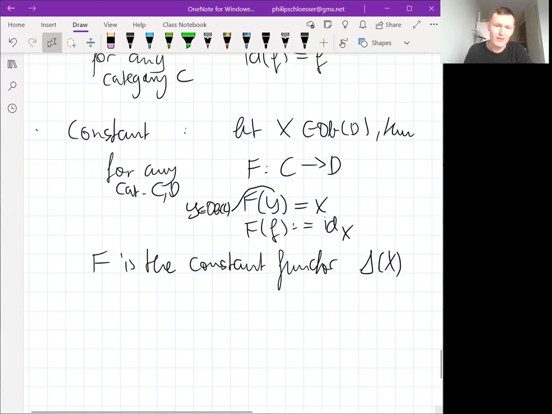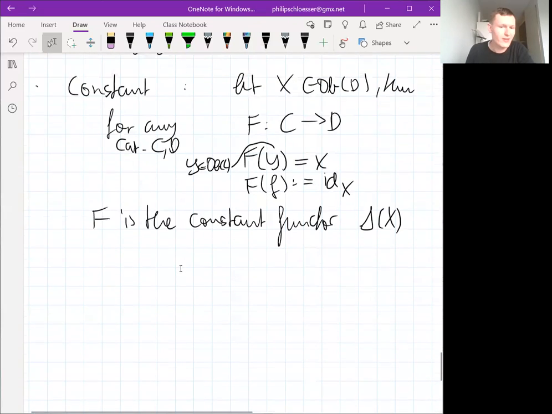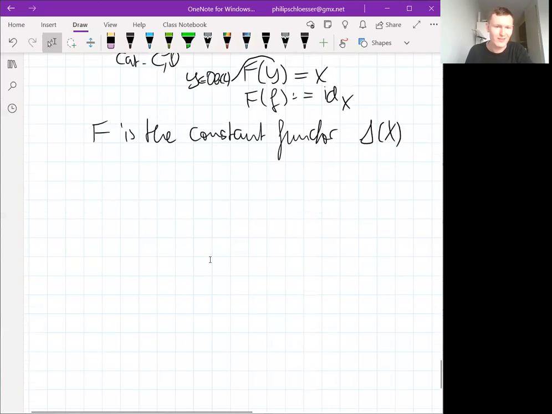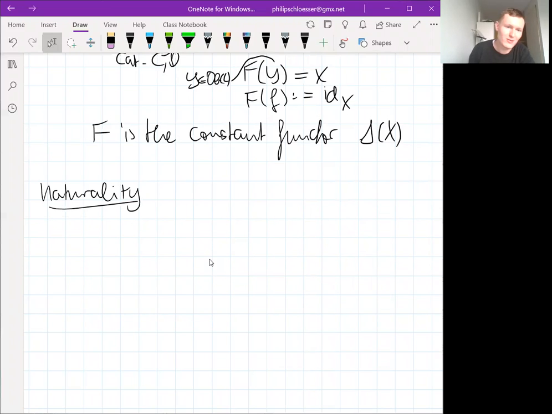Okay, and now, after I've done these terribly boring examples, we get to the meat of category theory. Namely, what does it mean for something to be natural?